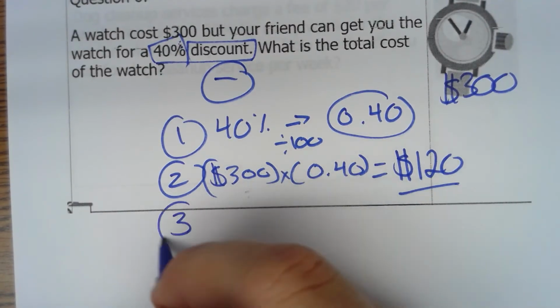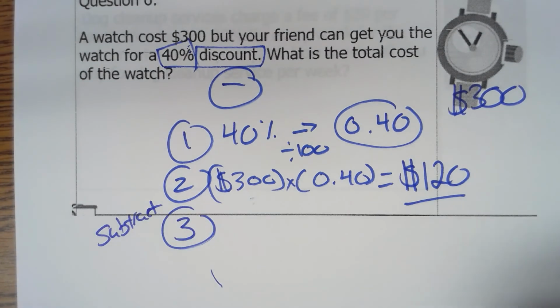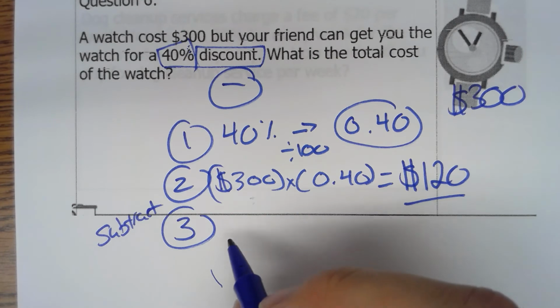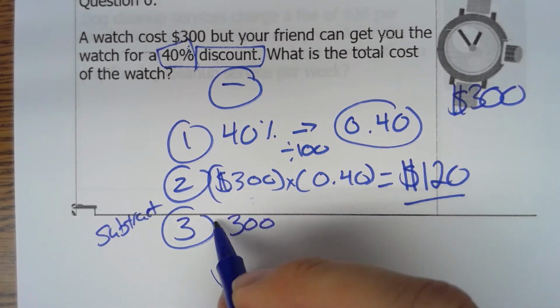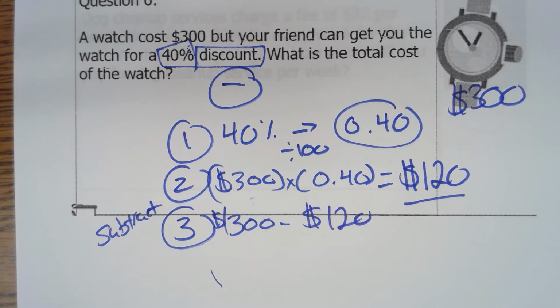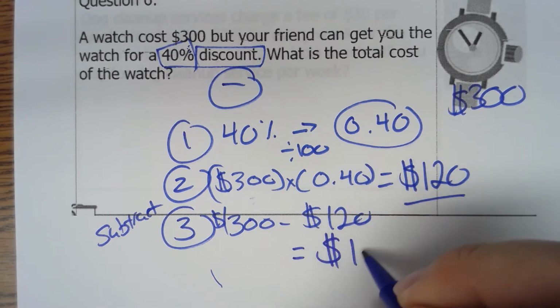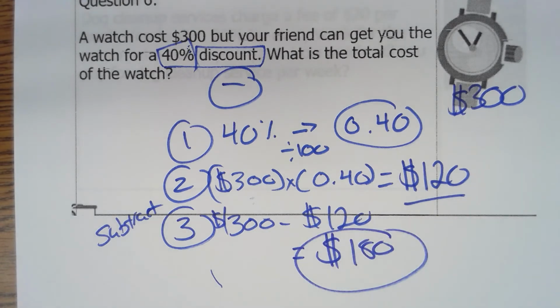So step 3, I need to subtract my discount from the original price. So $300 minus $120 is going to give me a new total of $180 for this watch.